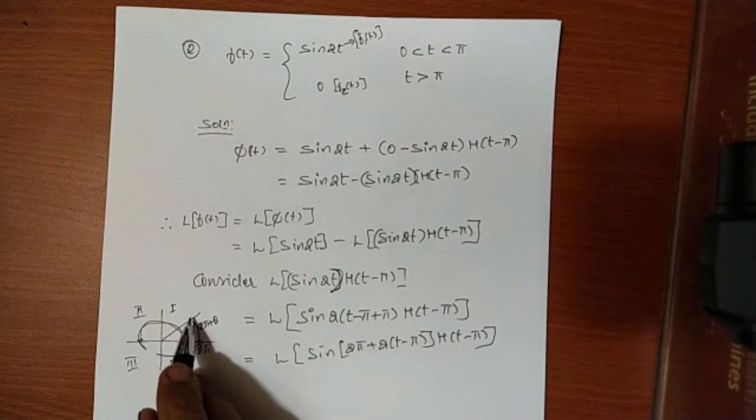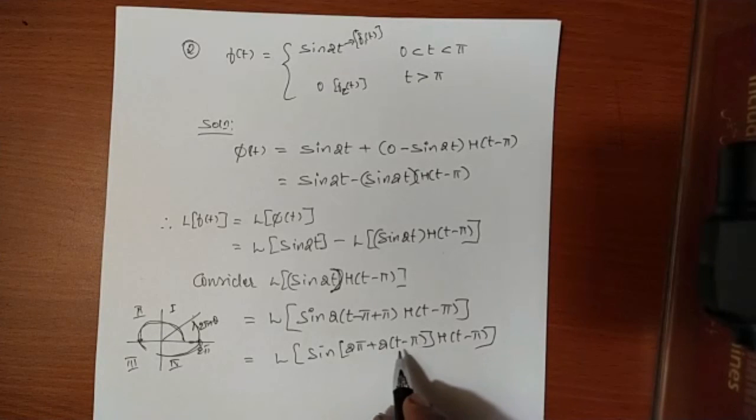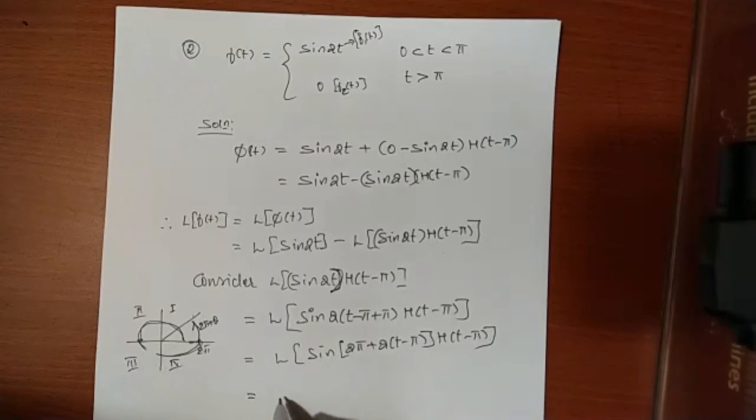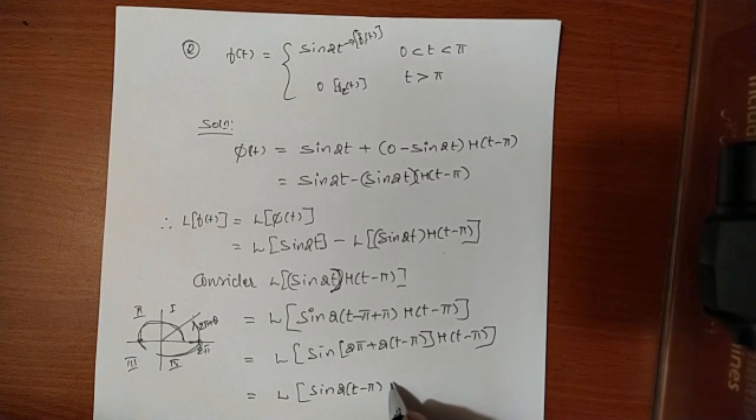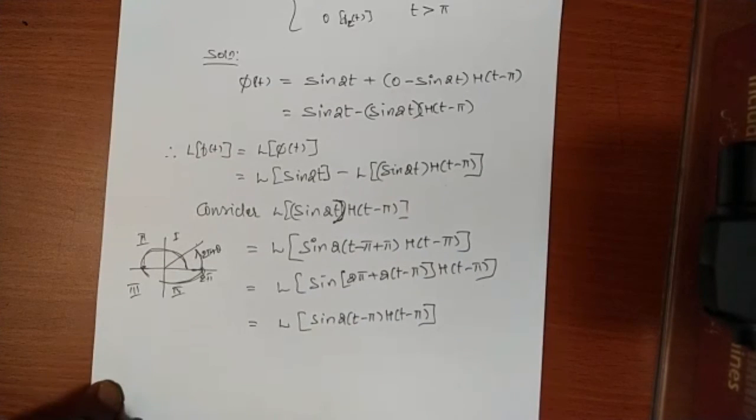So 2 pi plus theta lies in the first quadrant only. Therefore, it won't change the trigonometric ratio at all. So I can easily write this as L of sine twice t minus pi times h of t minus pi, right?